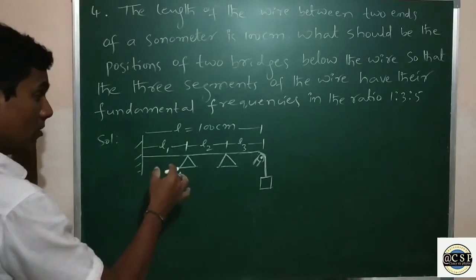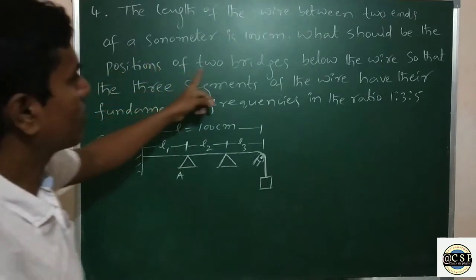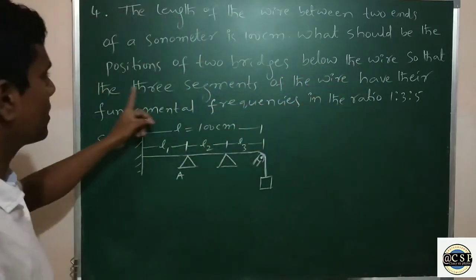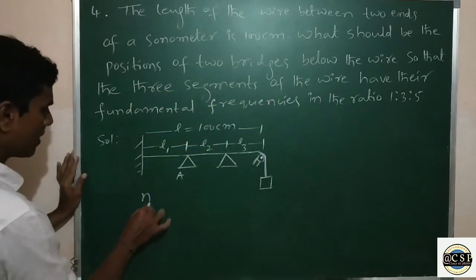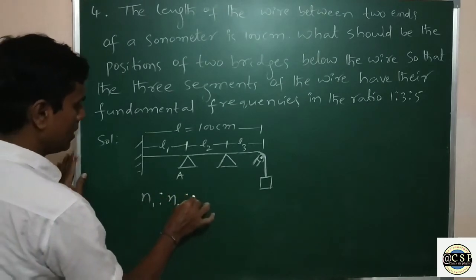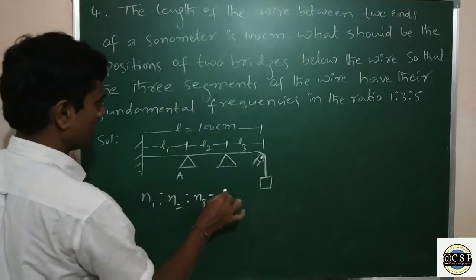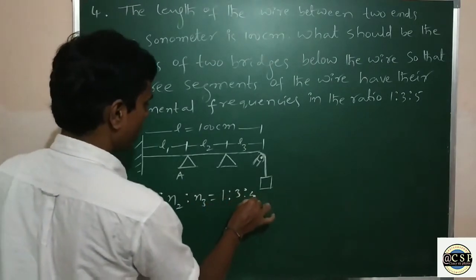We should calculate the positions of the two bridges below the wire so that the three segments of the wire have the given fundamental frequency ratio. N1 is to N2 is to N3 is equal to 1 is to 3 is to 5.